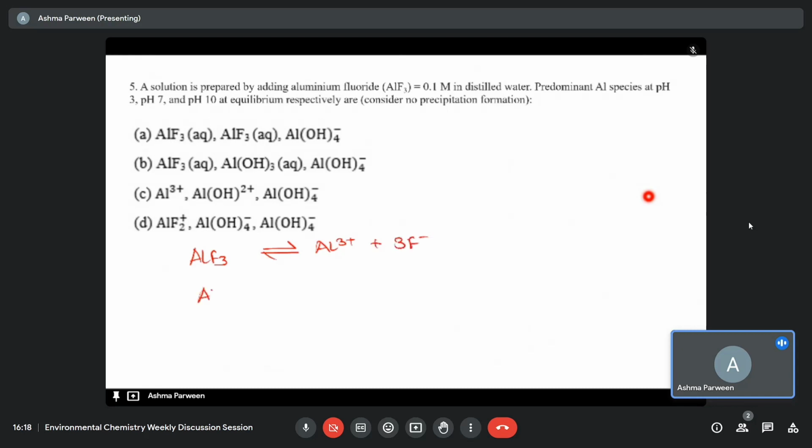So total Al concentration will be 0.1 molar and total F concentration will be 3 into 0.1, that is 0.3 molar. So we have to find out the dominant species at pH 3, 7 and 10. So what we will do in Visual MINTEQ, we will put this concentration of aluminium and fluoride. We will fix the pH at 3, 7 and 10 and we will see what are the dominant species.